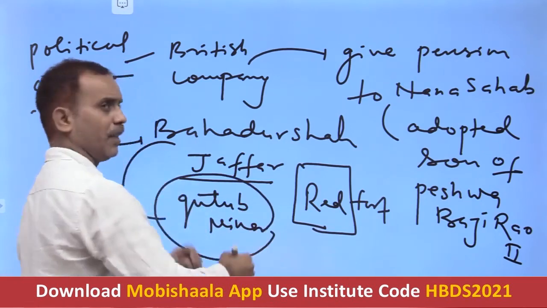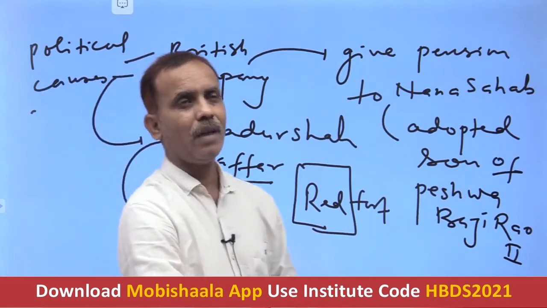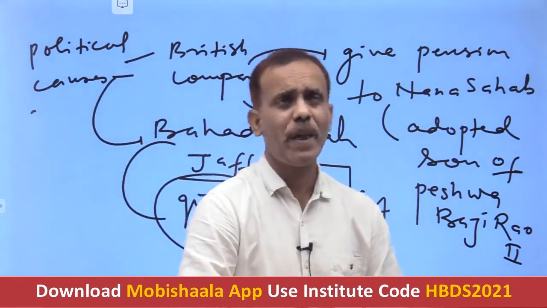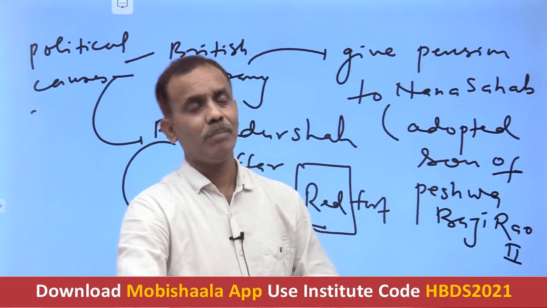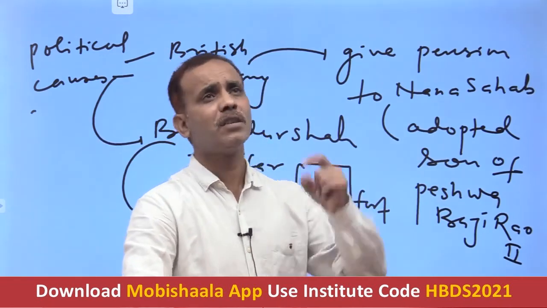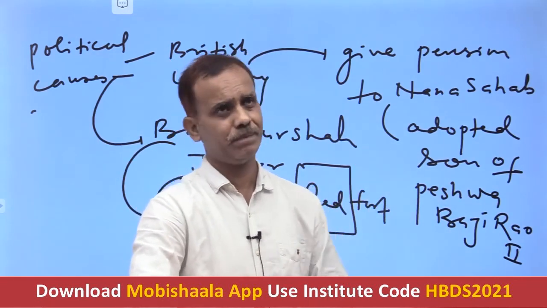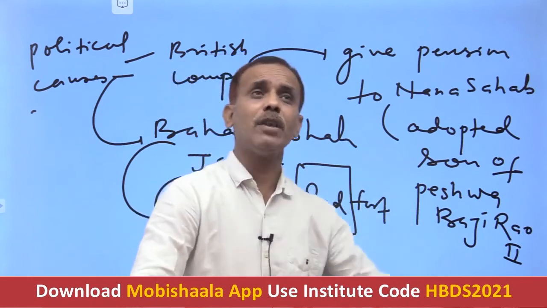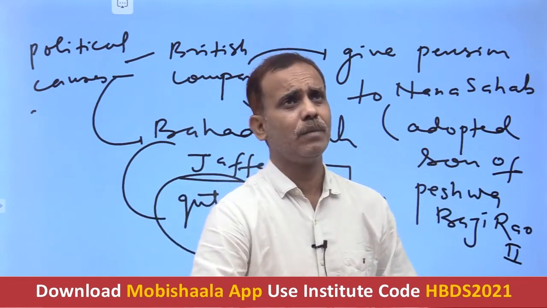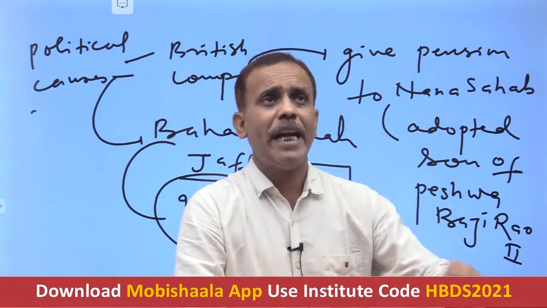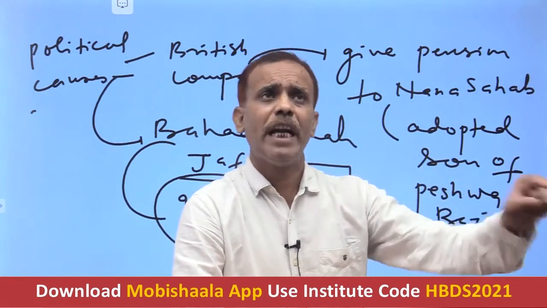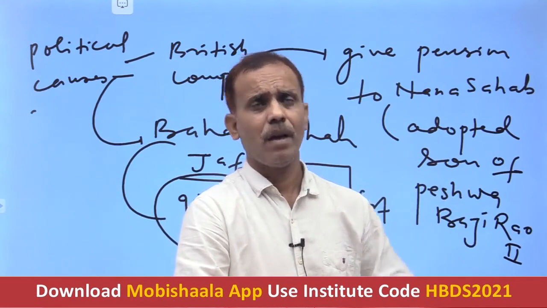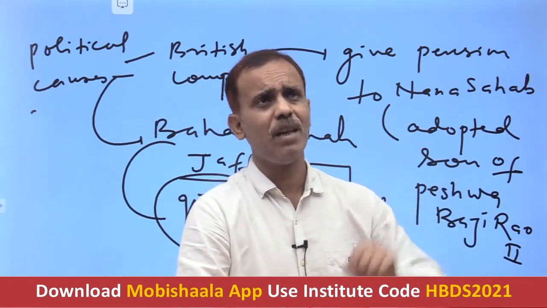It was really a disrespect to the Mughal emperor, because Red Fort was the symbol of Mughal sovereignty, and he was compelled by British company to abdicate Red Fort and have a new shelter near Qutub Minar.